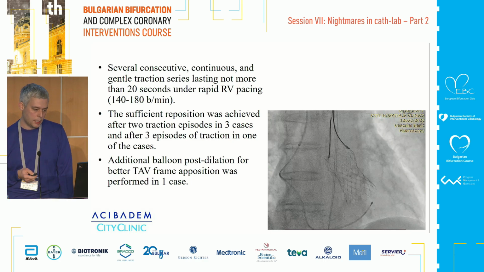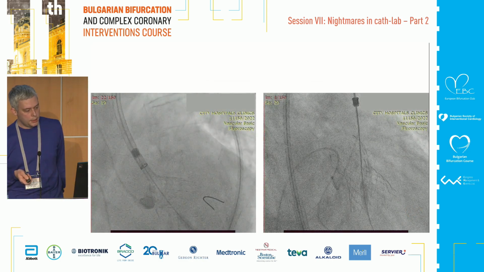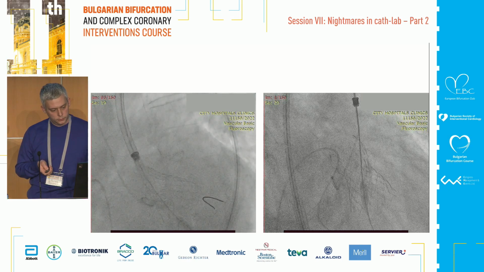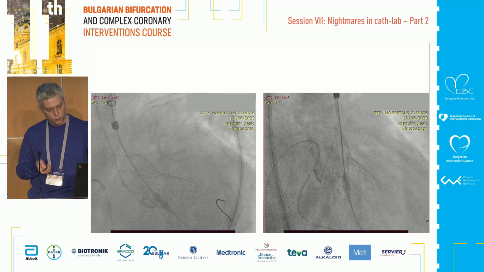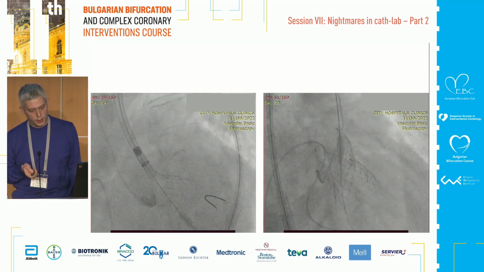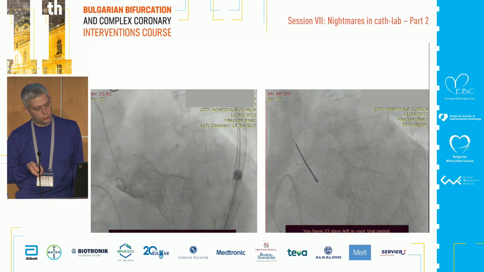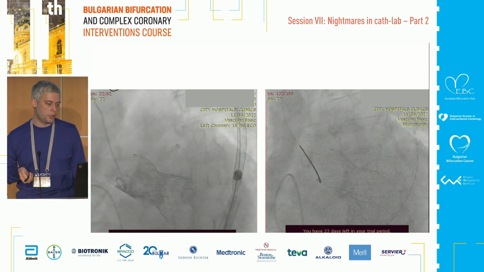So our first case, on the left you may see the implantation of the valve up to complete release with malpositioning, and on the control angiography there is a huge aortic regurgitation because of the migration of the valve.